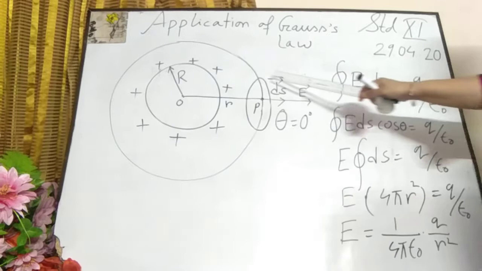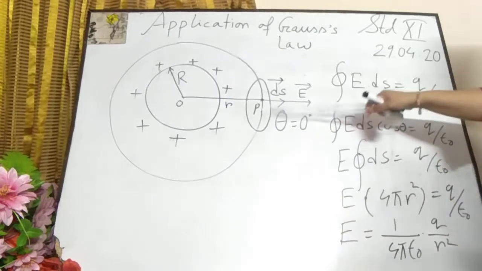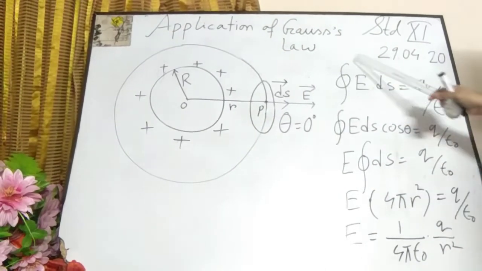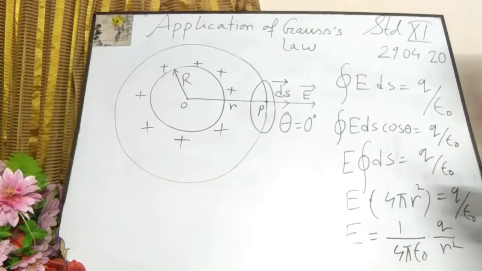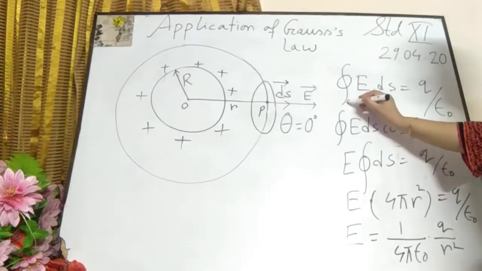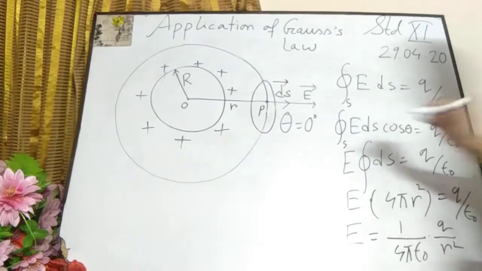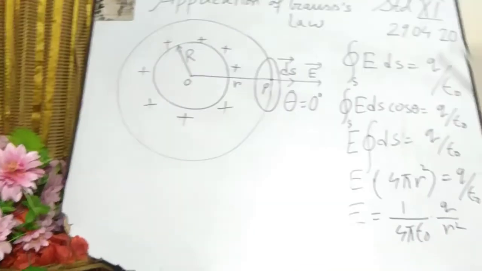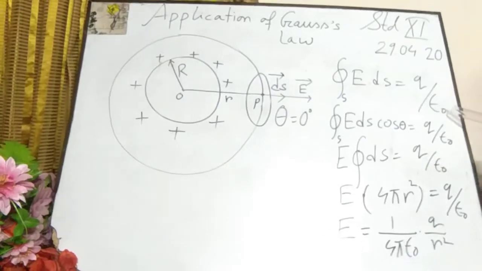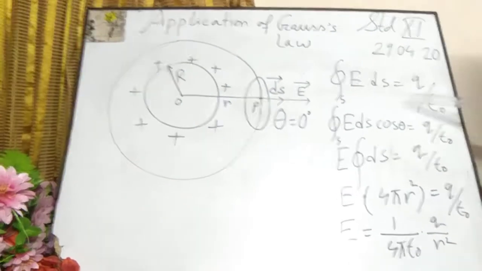Now, the electric flux through this small area ds will be what? You know, closed surface integration of E dot ds equal to Q by epsilon naught. We have learnt it from Gauss's law.